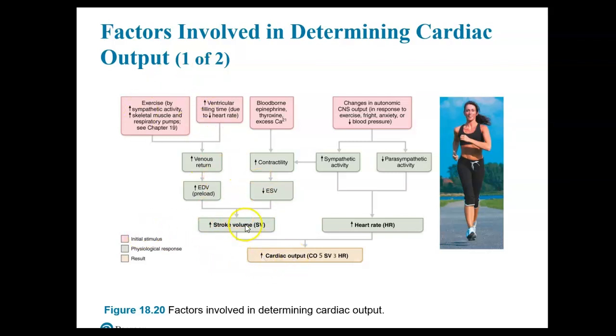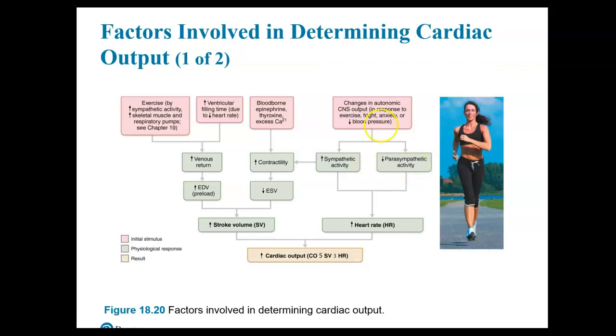These are things you have to kind of think about, but some of the questions definitely are easy. Exercise and any activity from the sympathetic nervous system is going to increase stroke volume. Now, heart rate is going to increase if your sympathetic nervous system is active, and it's going to decrease when your parasympathetic nervous system is active.